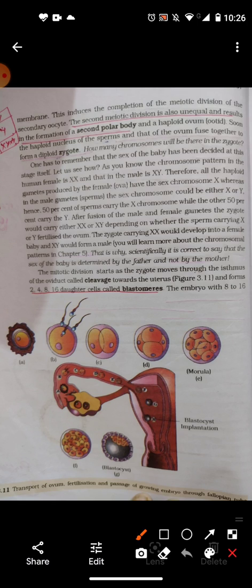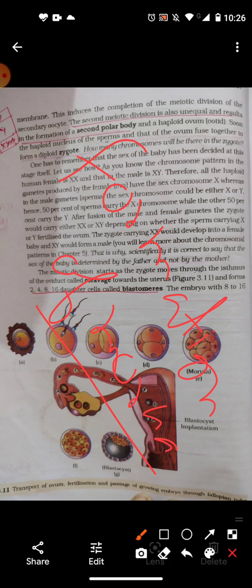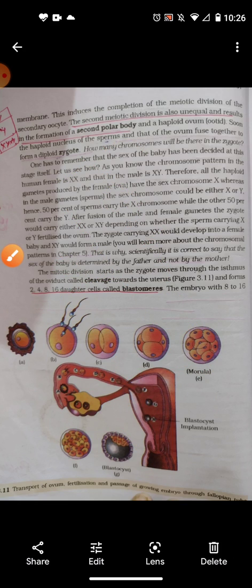Next we are going to discuss the formation of the morula, how the morula forms. The mitotic spindle of the first cleavage division appears in the cytoplasm of the egg at a right angle to the imaginary axis drawn between the animal pole and the vegetal pole.